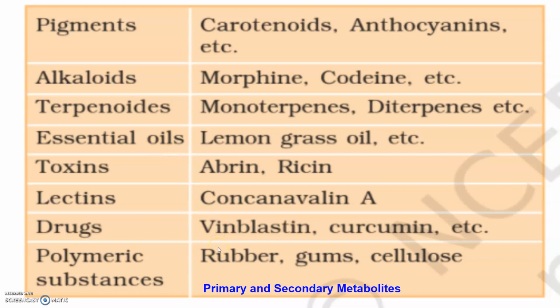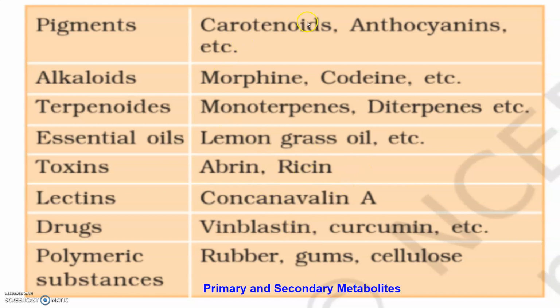Primary metabolites play their role in normal physiological processes. Many secondary metabolites are useful to human beings, like rubber, drugs, spices, scents, pigments. Some also have ecological importance.